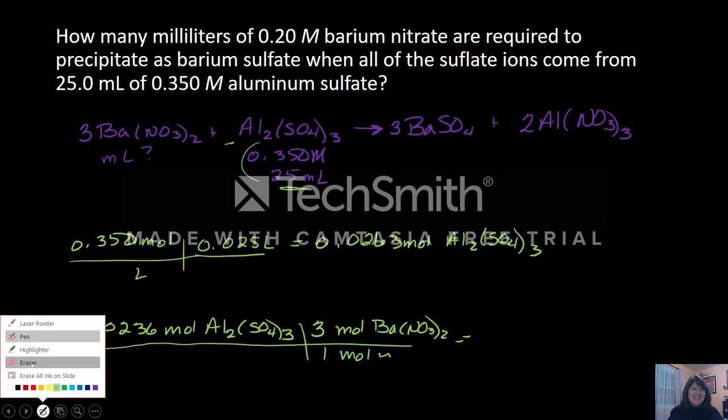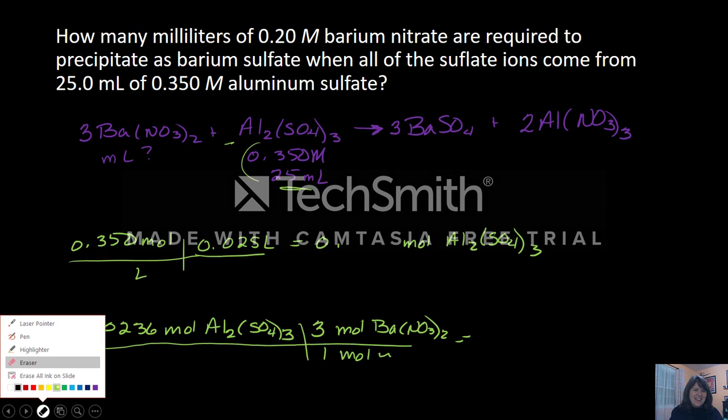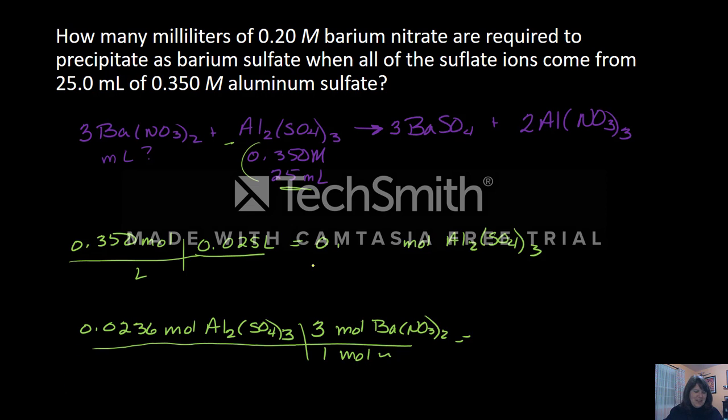When I did the calculations, that number actually goes here, 0.00875, and the number I had here goes here, can't read my own notes, 263 moles of barium nitrate.